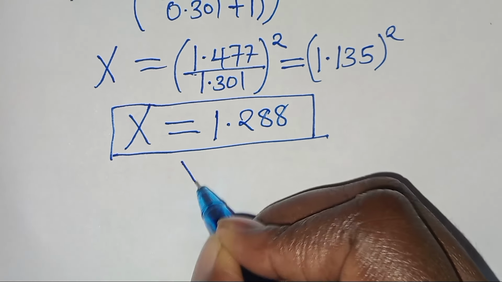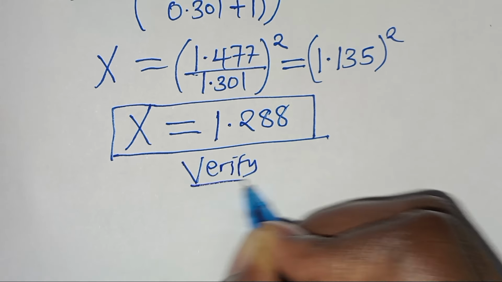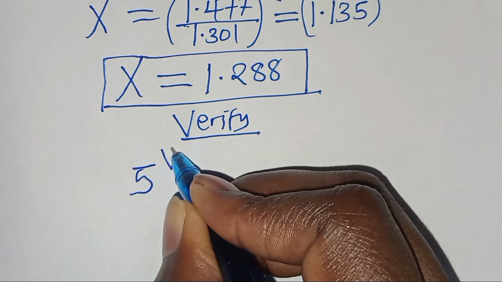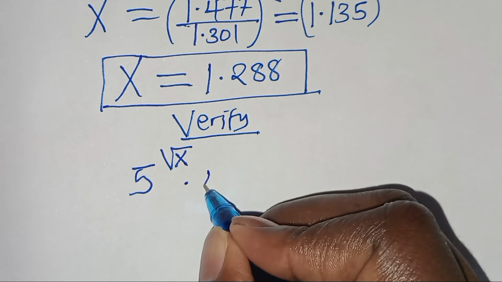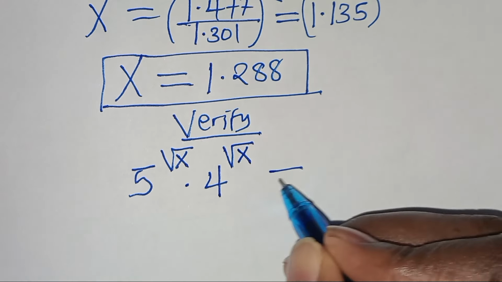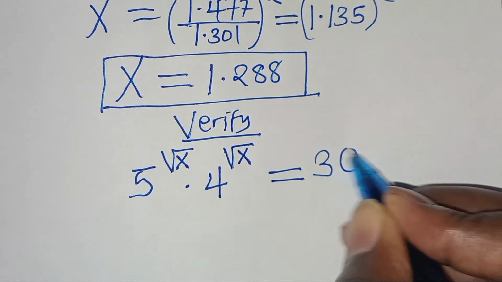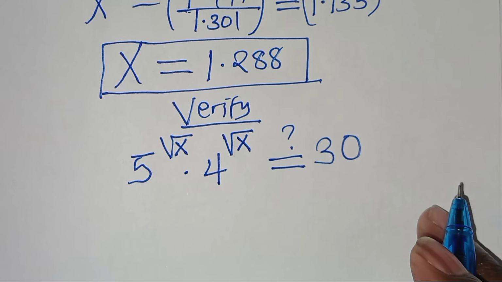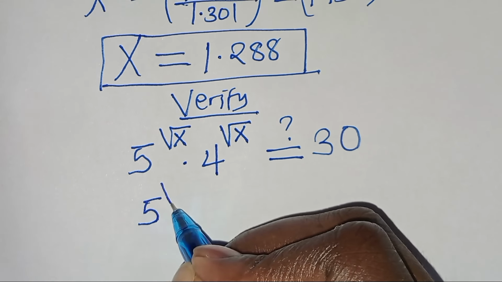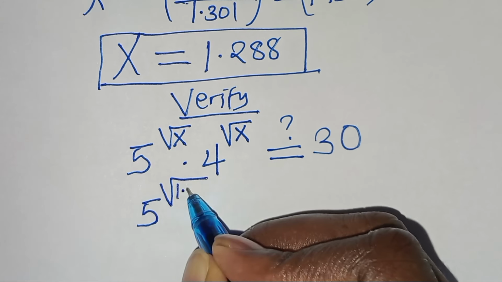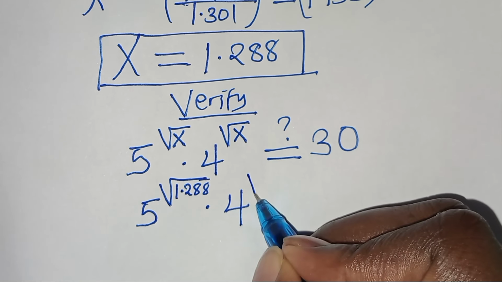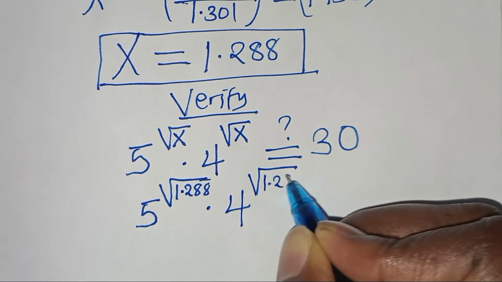So let's verify from here. We have 5 raised to the power of square root of x multiplied by 4 raised to the power of square root of x. This is supposed to give us a value of 30. So let's substitute the value of x: 5 raised to the power of square root of 1.288, multiplied by 4 raised to the square root of 1.288.